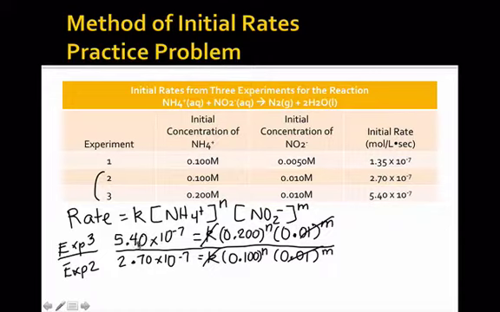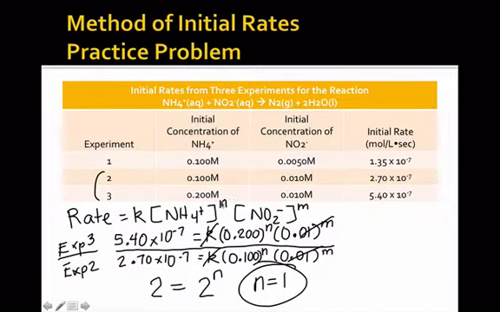So if I take 5.4 times 10 to the negative 7th and I divide it by 2.7 times 10 to the negative 7th, I get 2. So 2 is equal to 0.2 divided by 0.1, which is 2, and then I still have my power of n there. So I have to think, 2 raised to what power gives me 2, and that tells me that n is equal to 1. So n in our rate law is going to be 1.